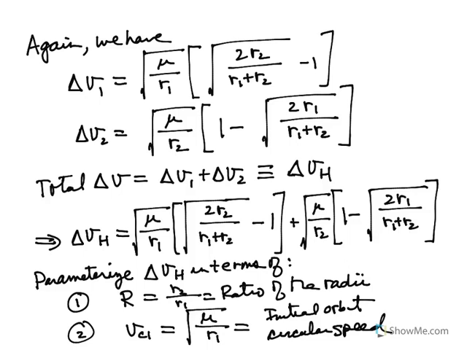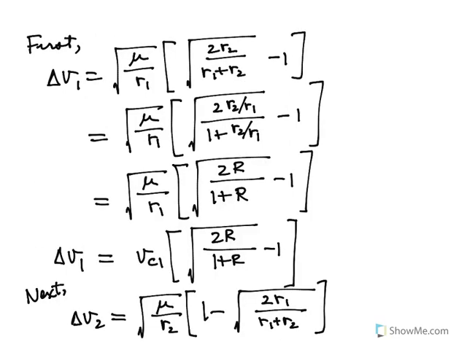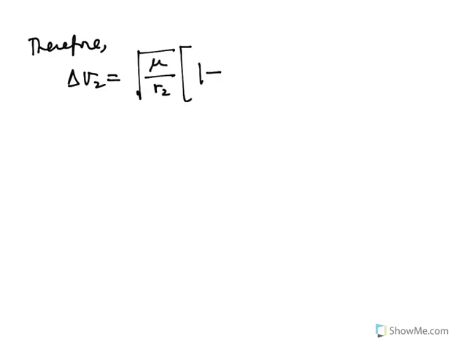But now I'm going to do the same thing. I'm going to divide numerator and denominator in that fraction by r1. So therefore, delta v2 is equal to the square root of mu over r2 times 1 minus the square root. Well, I just have 2 here now because I'm dividing by r1, and I still get 1 plus r.